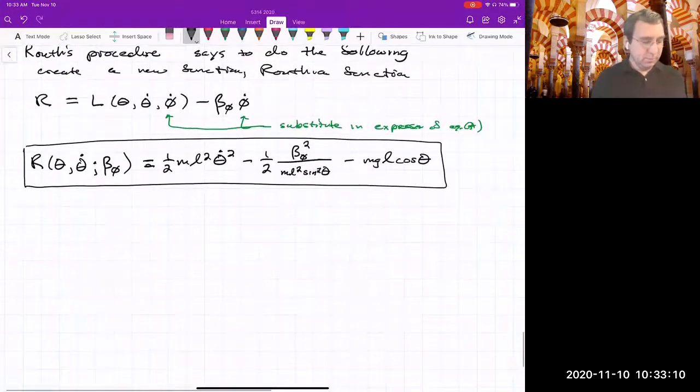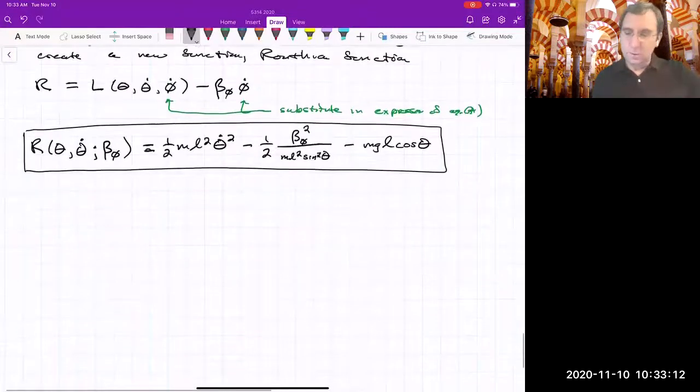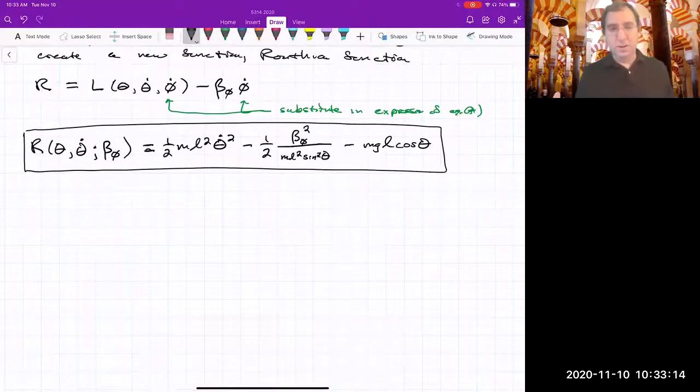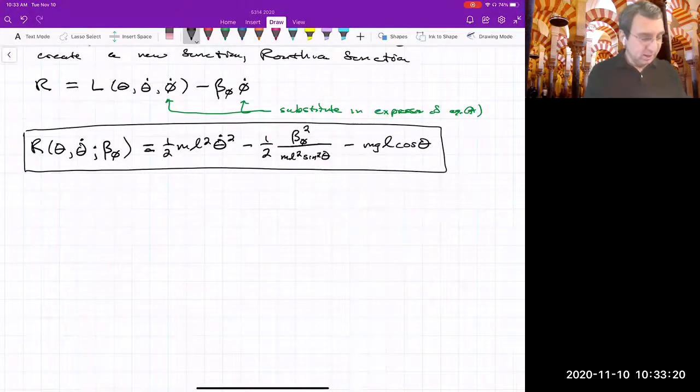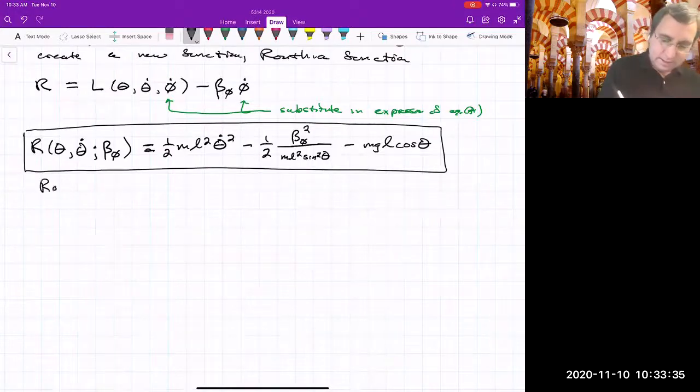So we have this new function, and from this Routhian function, we can write the dynamics for theta. Remember, theta is the non-ignorable coordinate. And the Routh procedure is that you treat R like it's the Lagrangian and take all the same partial derivatives. And that's called Routh's equation.